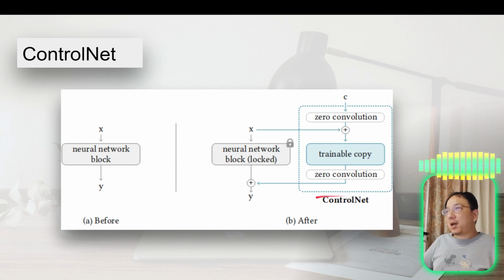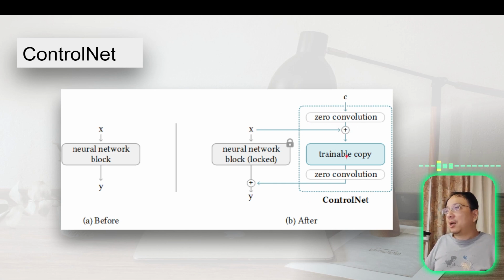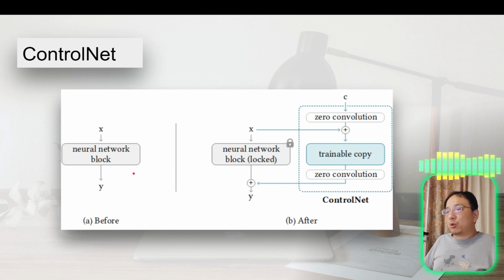So in the design of ControlNet, at the very beginning of the training, the C is passed through a zero convolution, so it makes no change to the X, and the output is also passed through a zero convolution. So it adds nothing to the output of the original neural network block. So it's going to have the same input and output as the original Stable Diffusion. After training a while, it will change.